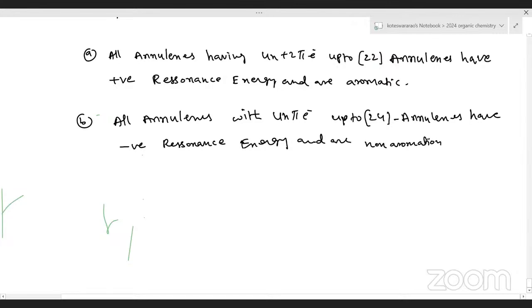Simply, we can predict this as a generalized statement: the annulenes which have positive resonance energy are aromatic. The annulenes which have negative resonance energy are called non-aromatic.